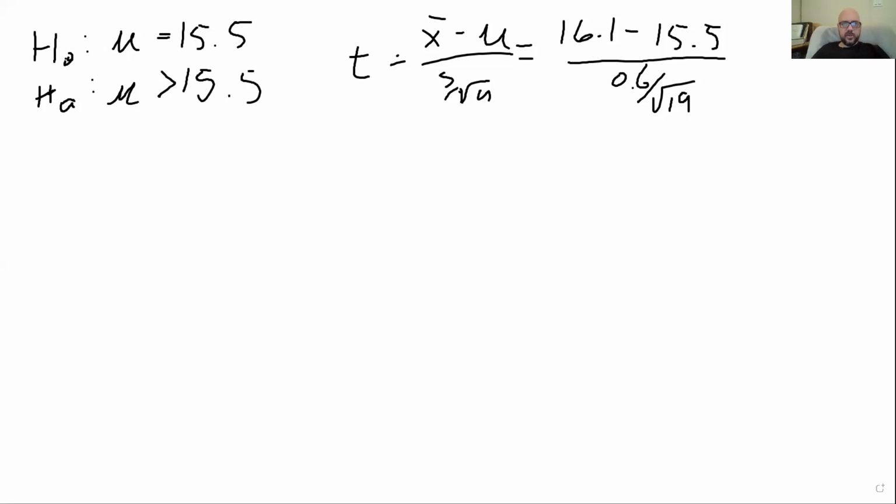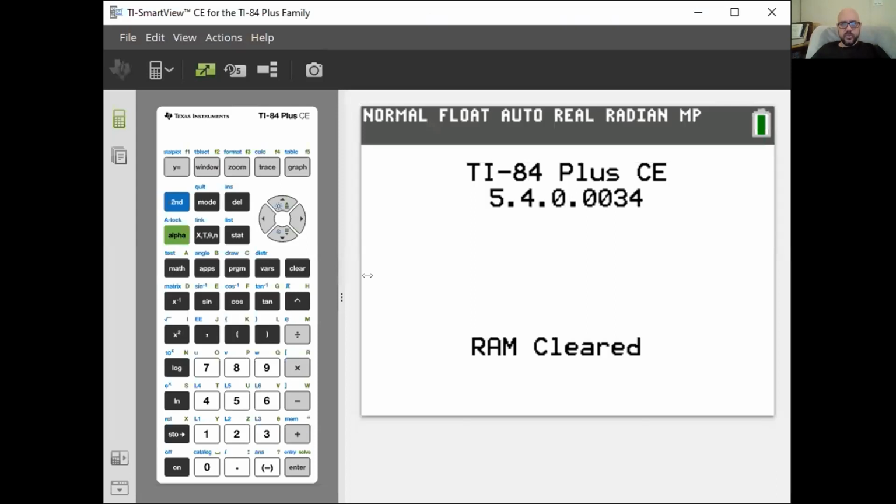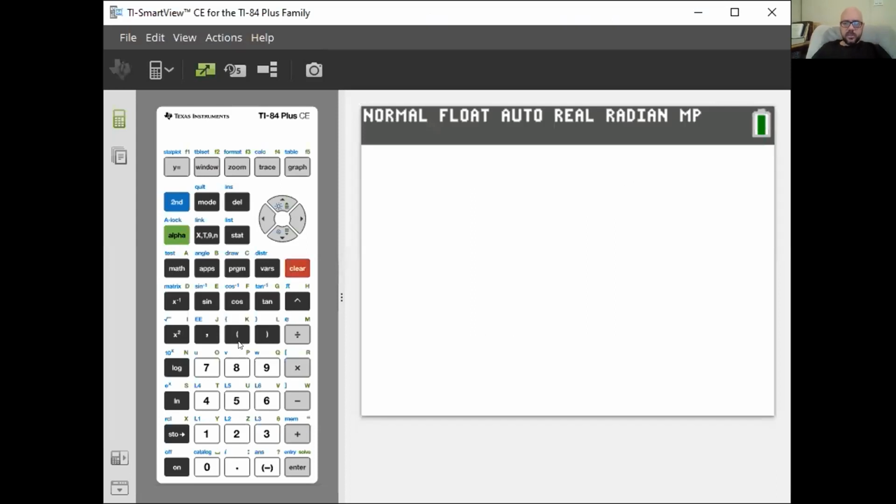Okay, so when you're doing this in your calculator, be sure to use parentheses. So I'm going to do parentheses, 16.1. I said I was going to use parentheses and I didn't use them. 16.1 minus, that's times.